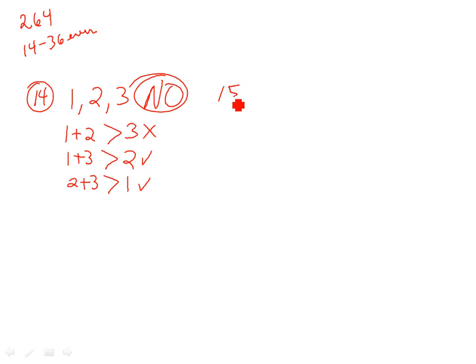Problem 16. 8, 8, and 15. Can those be the sides of a triangle? Yes? Now, you're going to have to explain to me why. So 8 plus 8 is greater than 15.